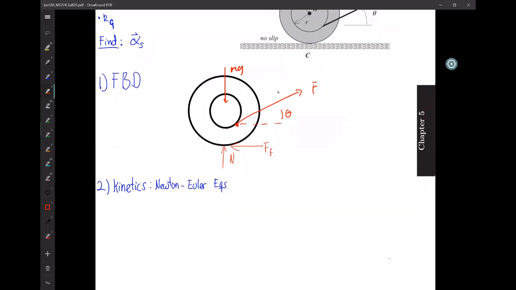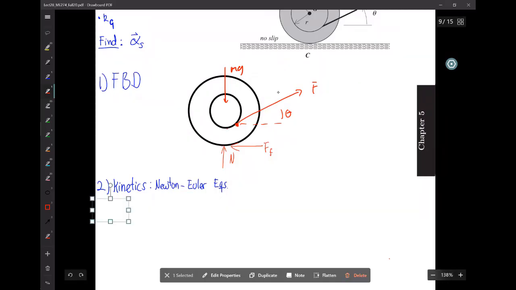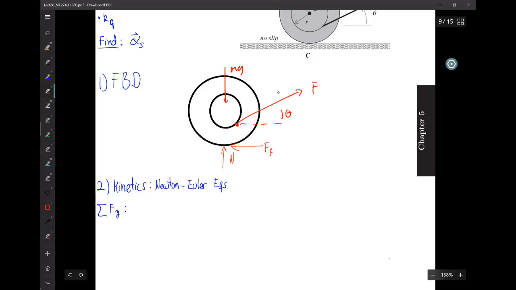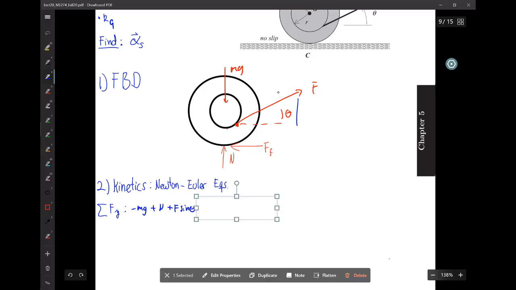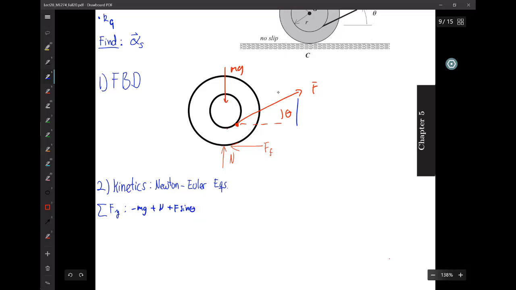Okay, so we have one body. Let's calculate the summation of forces in Y. Begin with that one. So that one is negative mg, plus force, that's sine theta, and this is going to be equal to, in this case, 0, right? Because the spool is not jumping up.